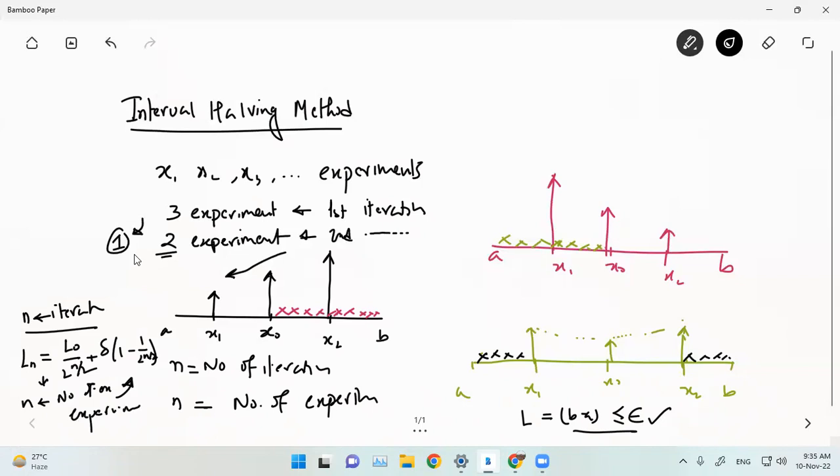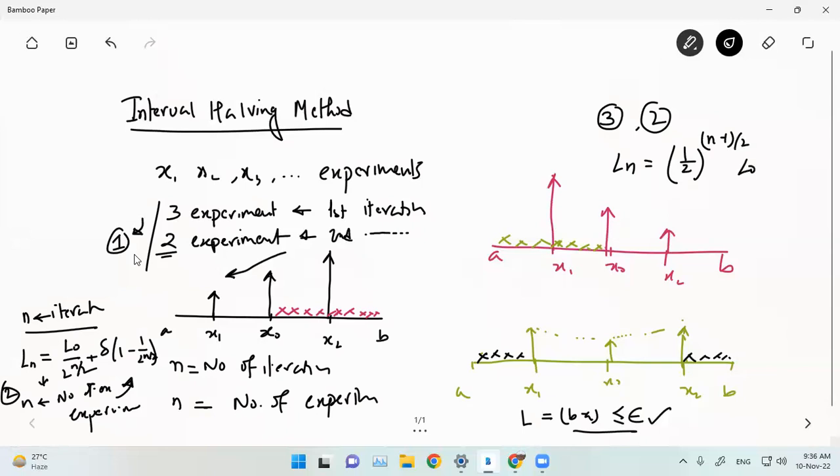It depends on how many you're taking. In the previous case, in each step, you're taking 2 experiments. And here, in this method, in the first stage, we are taking 3 experiments and in the subsequent ones 2. The derivation of the formula for Ln is not given, but it is inherent; you can experiment with this one: Ln equals 1/2 to the power of (n minus 1) by 2, times L0.